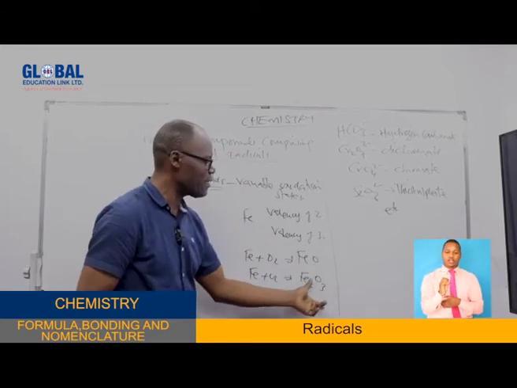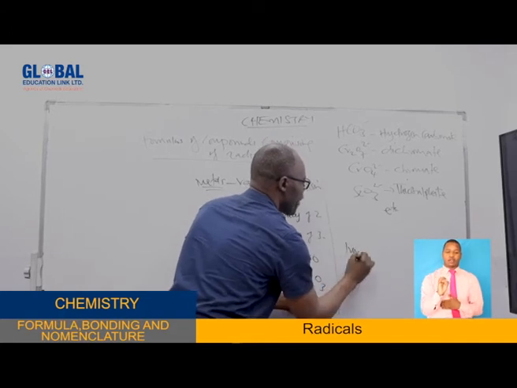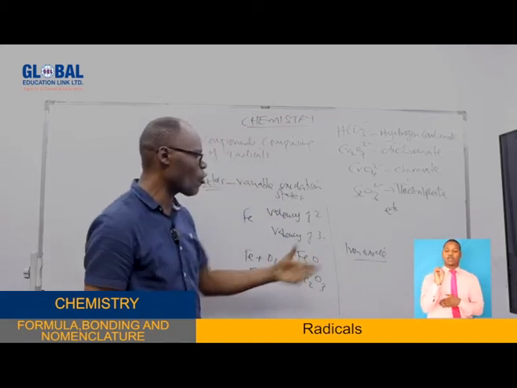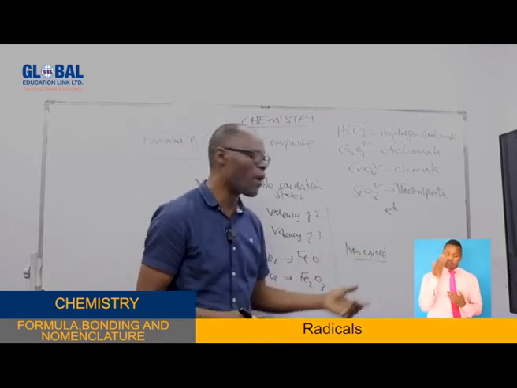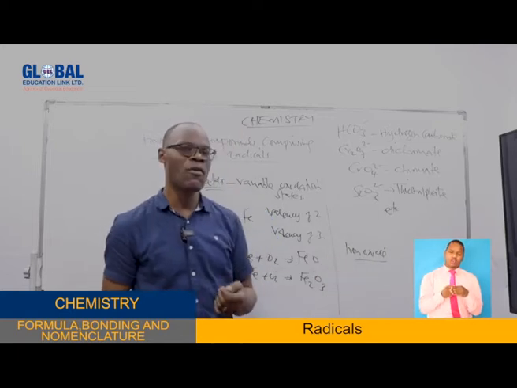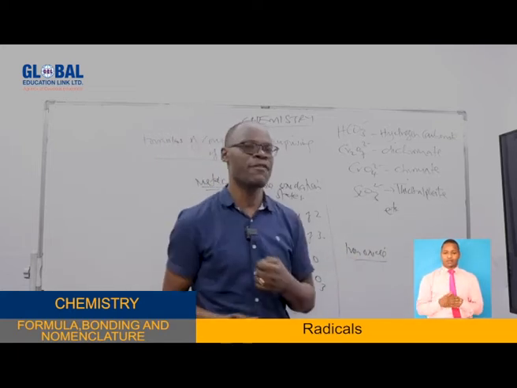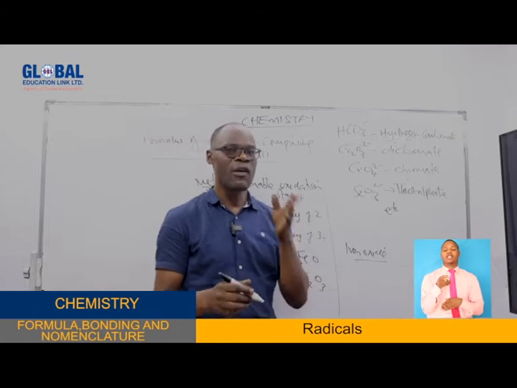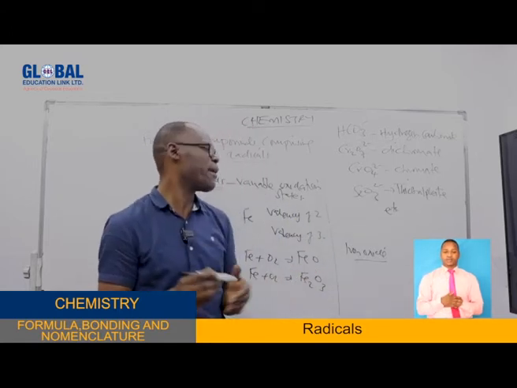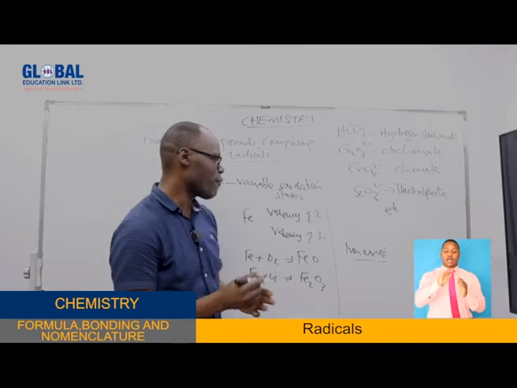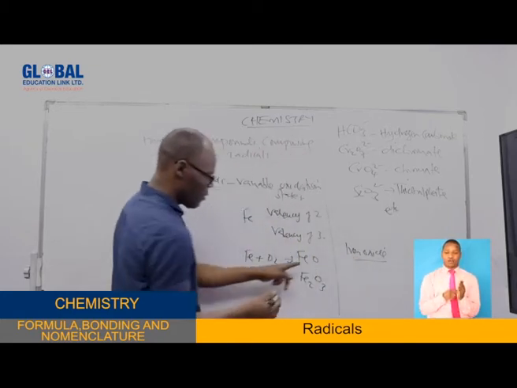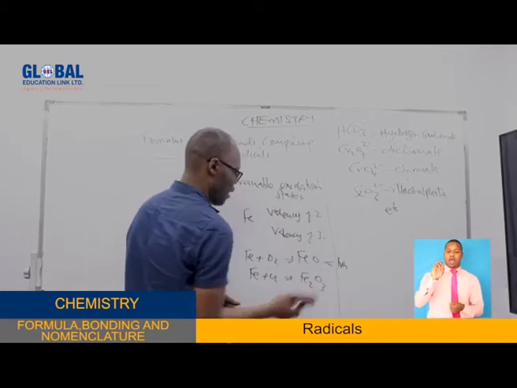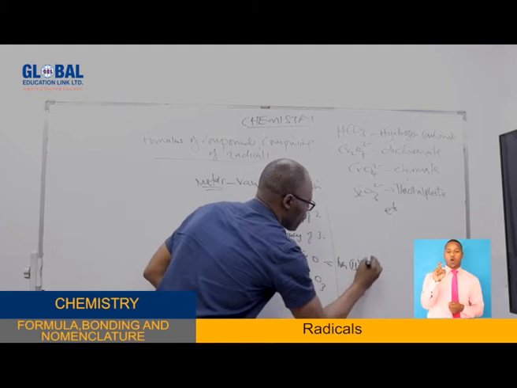Now, if this is the case, we cannot write the formula of iron oxide, because somebody will not know which oxide we are talking about. Are we talking about iron 2 or iron 3? So for those metals that have variable oxidation states, in their formulas we must specify the oxidation state of that metal. And remember, we discussed that the oxidation states must be placed in brackets after the name of the metal. For example, this one is supposed to be called iron 2 oxide.